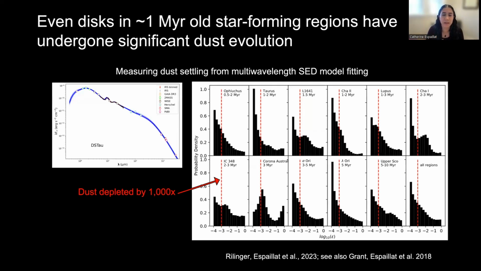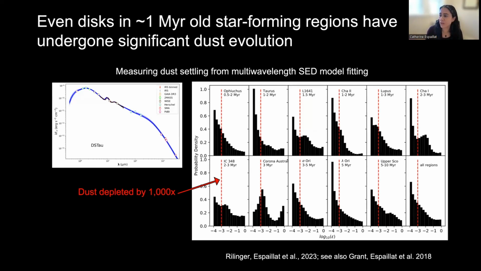But in this study, my former graduate student, Annalisa Rillinger, compiled the SEDs for 340 disks in 11 star forming regions with ages ranging from 1 to 10 million years old, and measured how much the dust grains are settled in these disks.